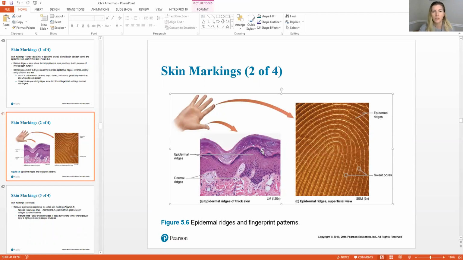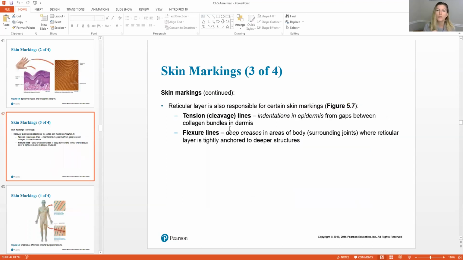So other skin markings that we have are things like our lines of cleavage or tension lines. So these are caused by bands of collagen in the dermis. So imagine that there's this kind of underlying pattern of fibers underneath your epidermis. It's kind of like a steak or a piece of chicken.